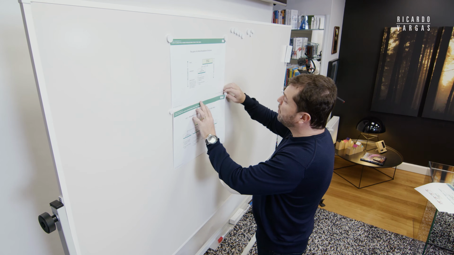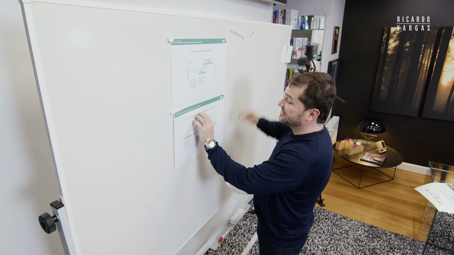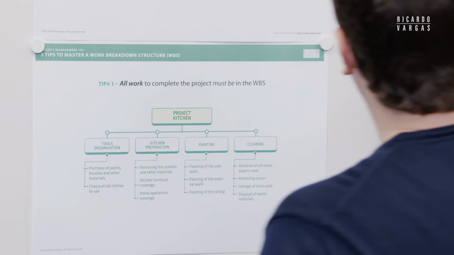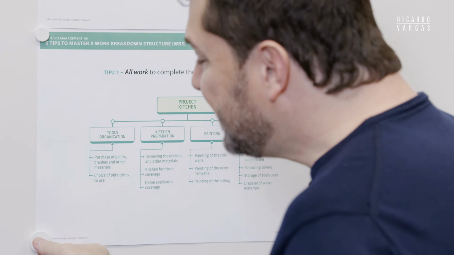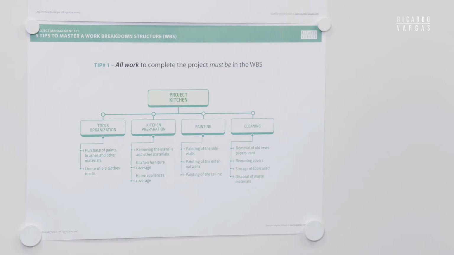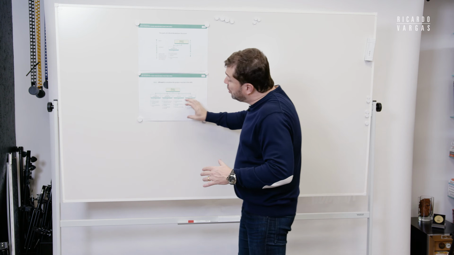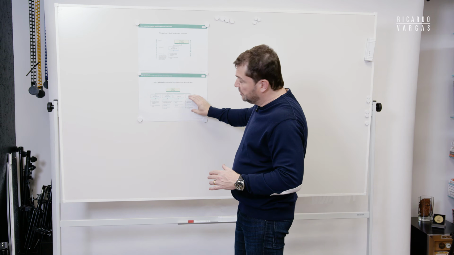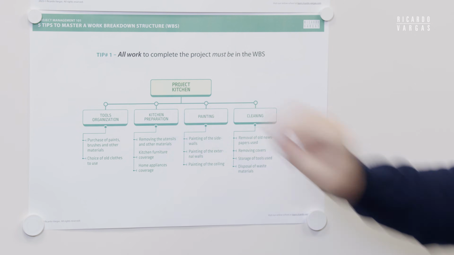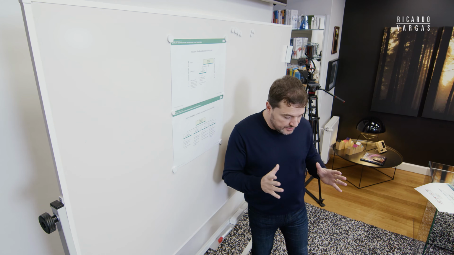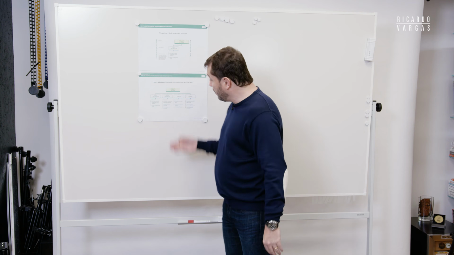Tip number 1 says that all work, and when I say all, it means all, must be on the WBS. This work is all the required work to do Project Kitchen. For example, does this work include cleaning? Oh yes.